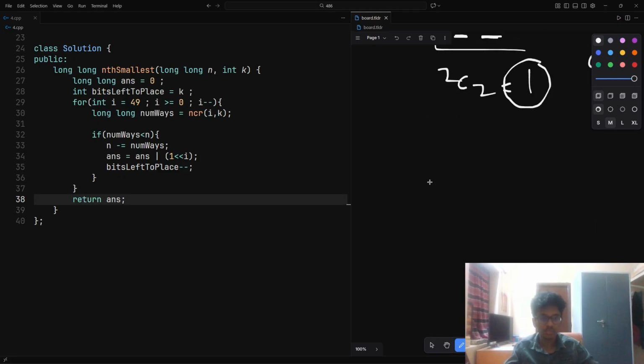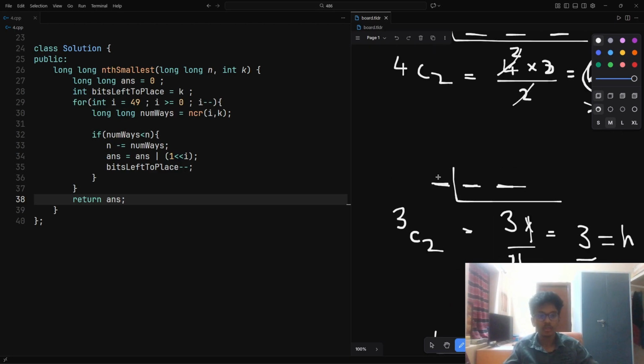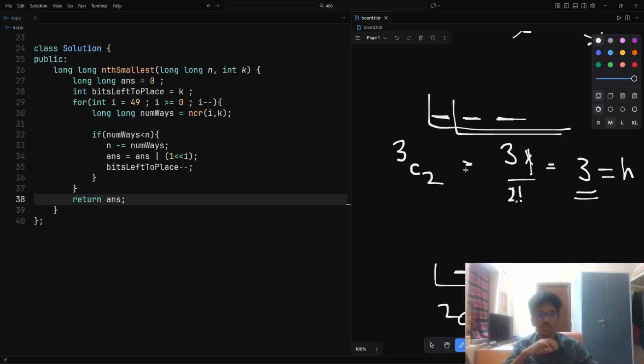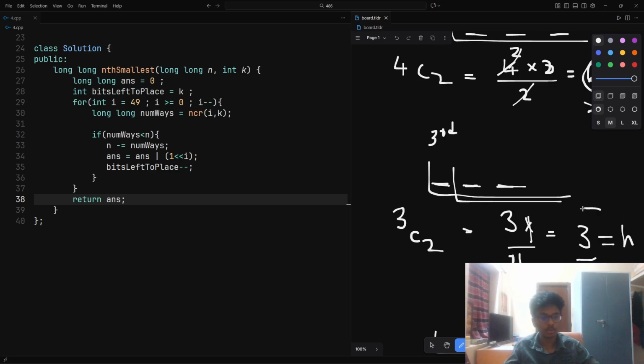That means the previous bit should be 1. Now that means when there were 3 bits, the third bit of the number should be 1. This is 0, 0, 1, 2, or else 1, 2, 3. The third bit should be 1.